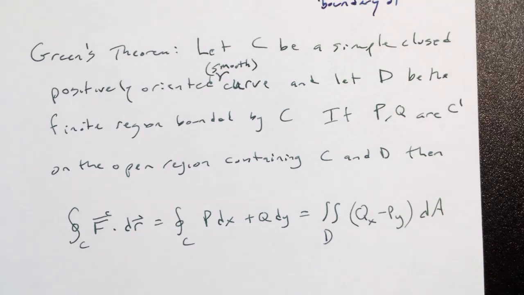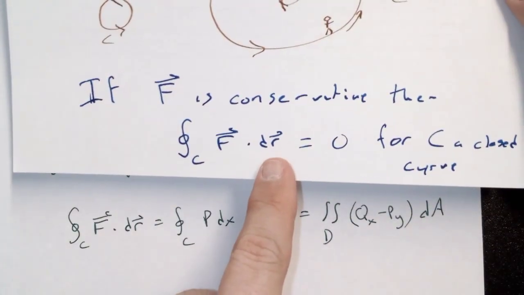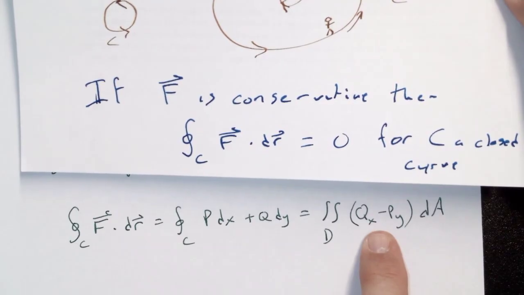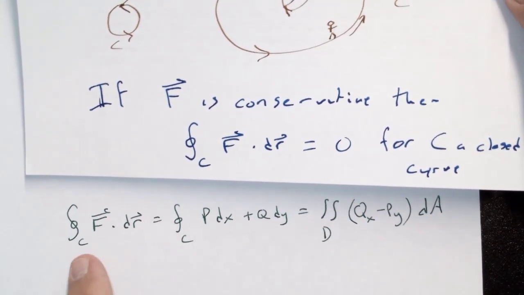What happens when you integrate 0? Oh, come on. What's the integral of 0? Every time. Ben, what did you ask me earlier? If it's conservative, this is going to be 0, no matter what I'm doing, this integral is going to be 0.